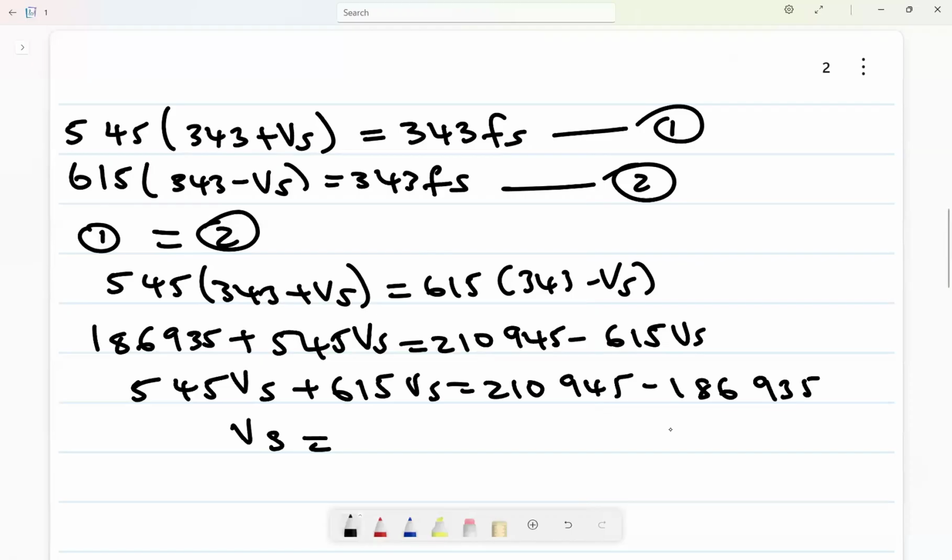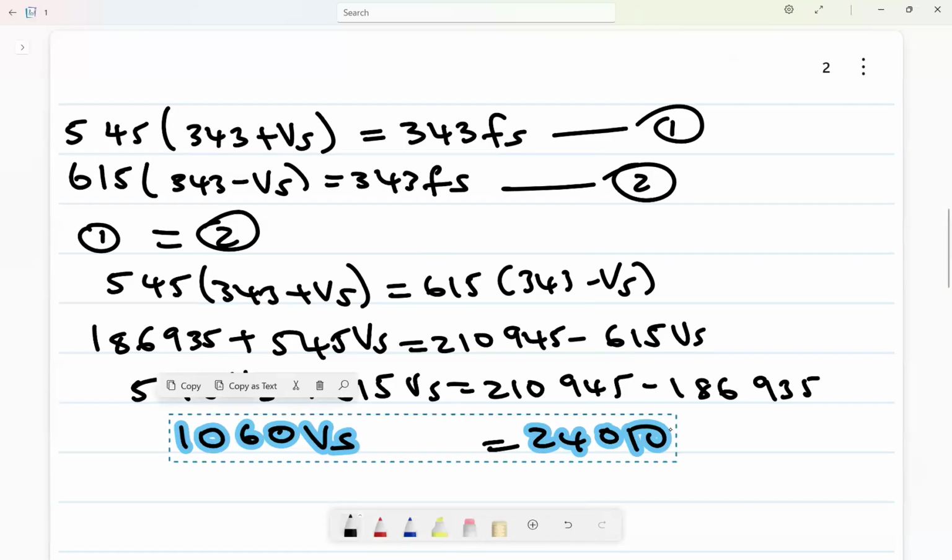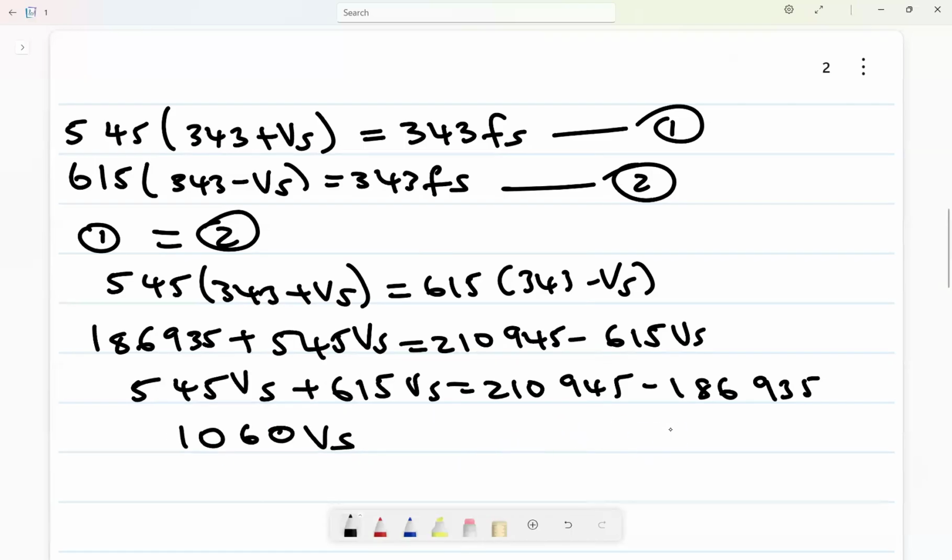Actually, let's do it together because people will be lost. Here I get 24,010. On this side, 545 plus 615, I get 1,160. Yes, 24,010.